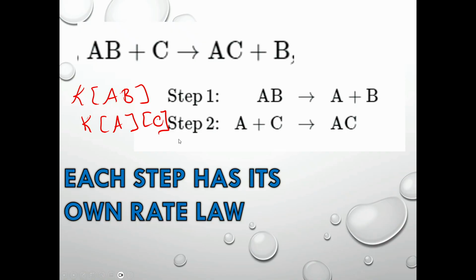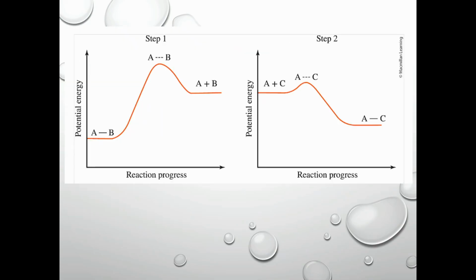Now, if we look at an energy diagram and look at the activation energy, the activation energy is a lot higher for the first step, AB decomposing into A plus B. That slow step is going to give me my rate law. It's the one that creates the bottleneck in terms of things reacting.